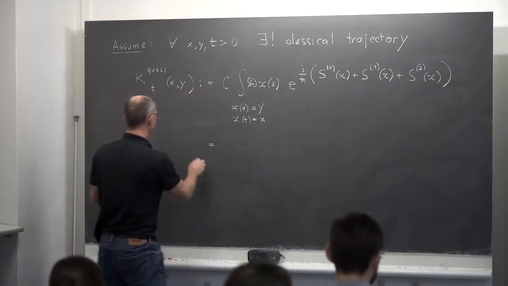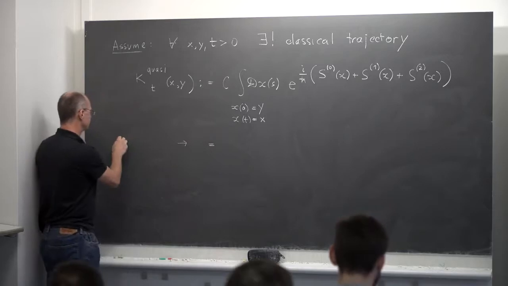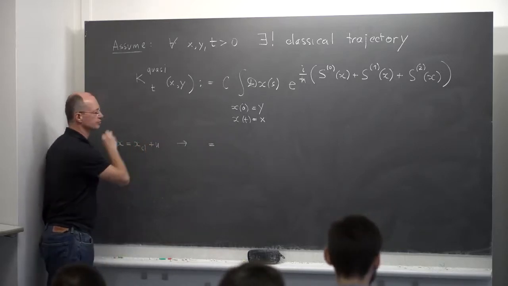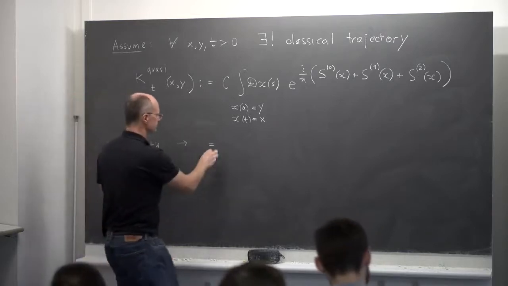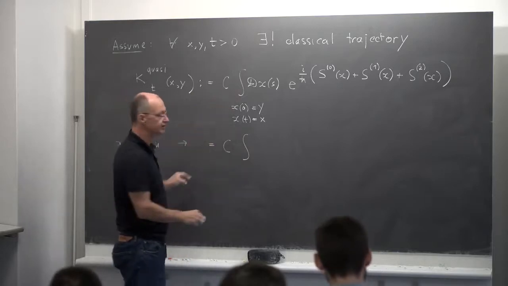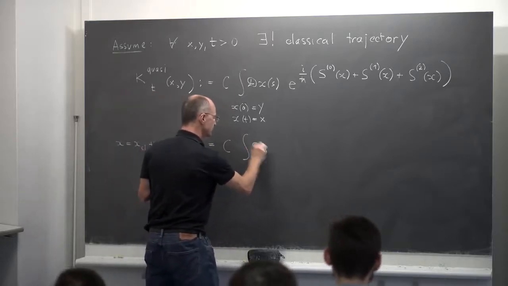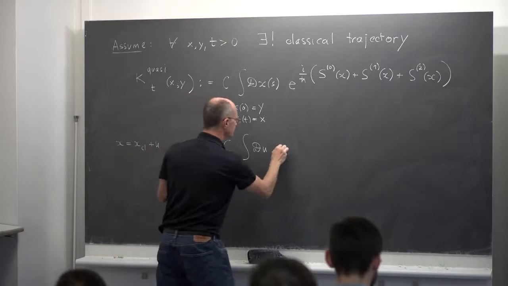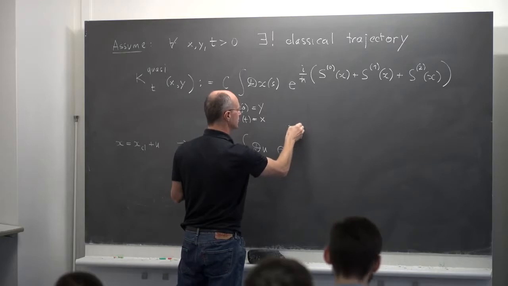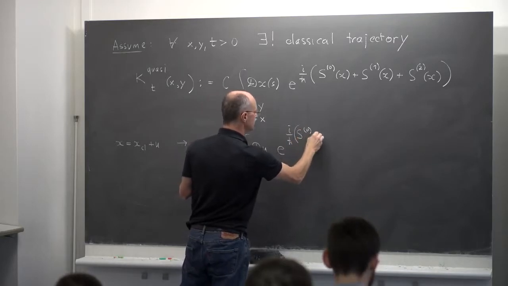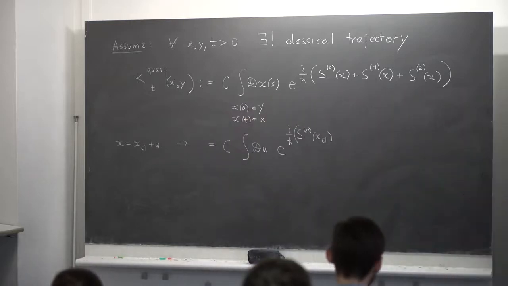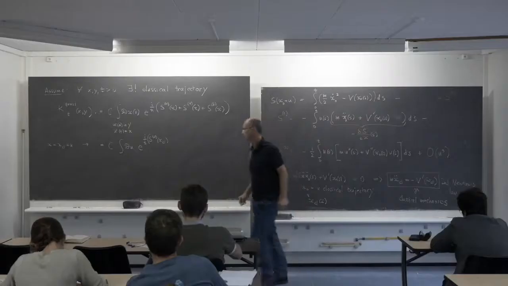So I would like to make a substitution here, the substitution that I had before. X is equal to x classical plus u. And I would like to rewrite this expression as an integral over du. And here, well, there will be S0 of x classical, right? Because it's only x naught which enters S0.